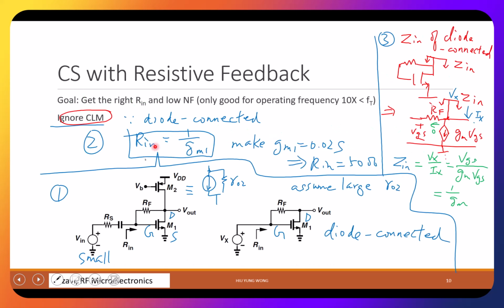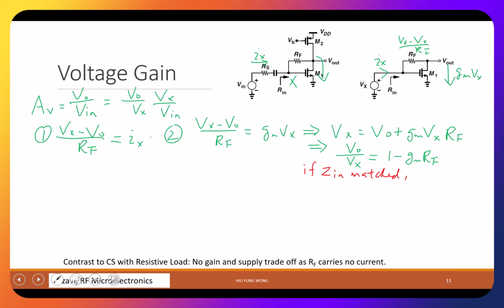You make 1 over GM equal to Rs, 50 ohm. So when you make it match, then we have GM equals 1 over Rs, because we do the impedance matching. So as a result, we have Vout over Vx equals 1 minus Rf divided by Rs. That's the first thing we got.